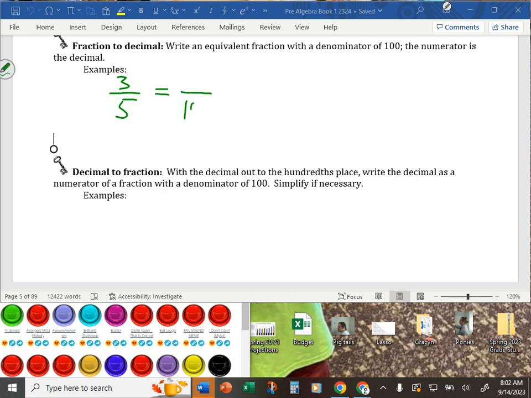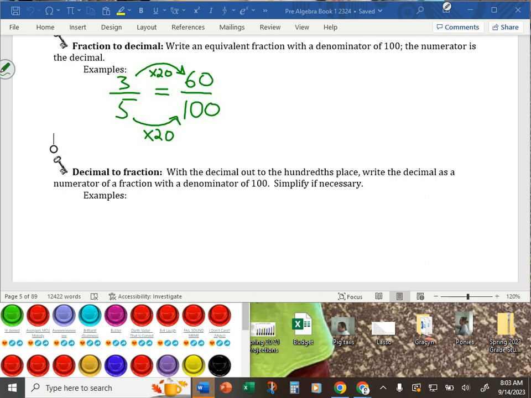How do we get from 5 to 100? What's our multiplier? Jillian? 20. Yep, multiply by 20. And as you know with fractions, what you do to the top, you got to do to the bottom, or vice versa. If we multiply 5 by 20 to get to 100, we have to multiply 3 by 20 as well, and that's going to give us 60. Right?